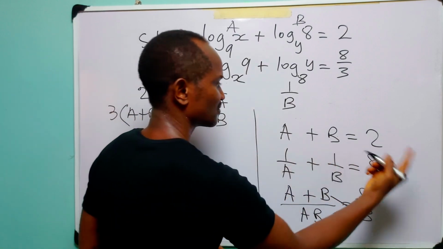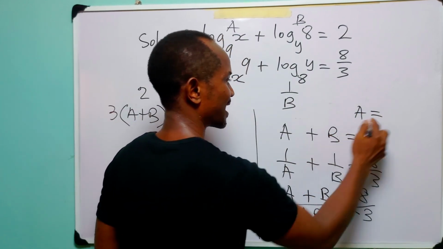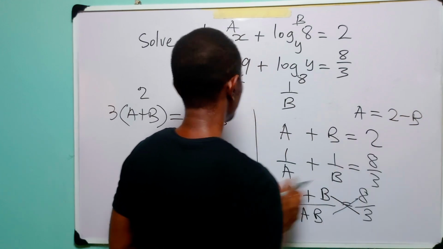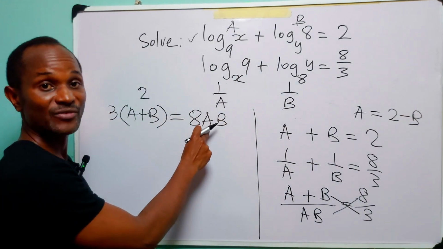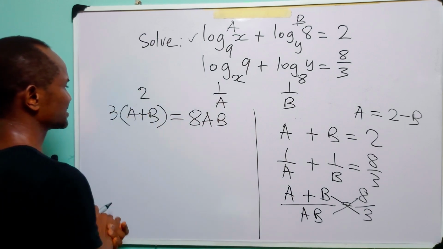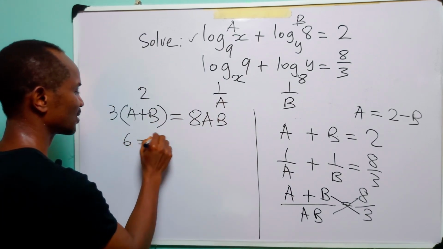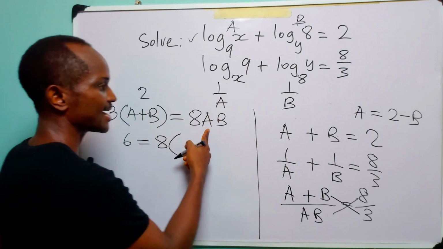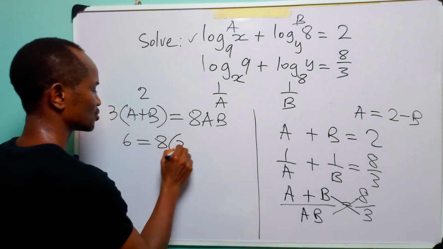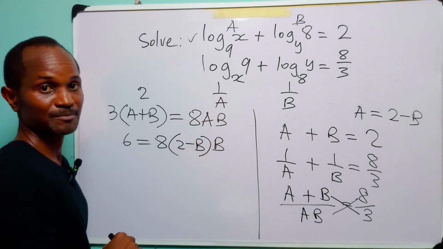And then from the first equation also, we have that a is equal to 2 minus b. So here where we have a, we can replace it with 2 minus b. So basically what we have is that 3 times 2, which is 6, is equal to 8 into a, which is now 2 minus b, and we have b.